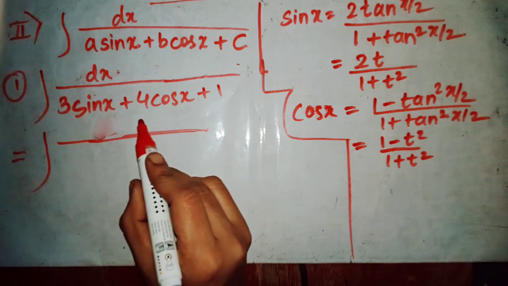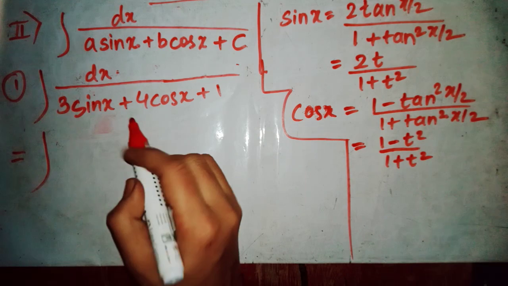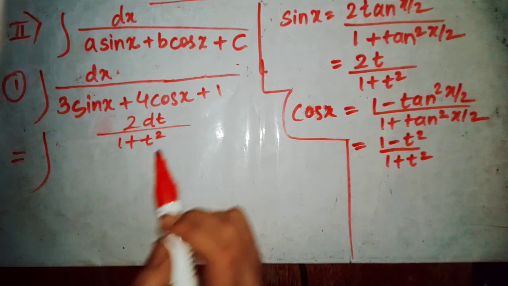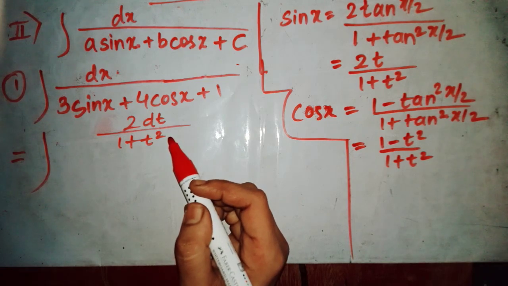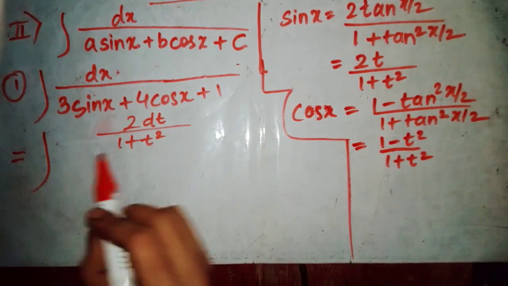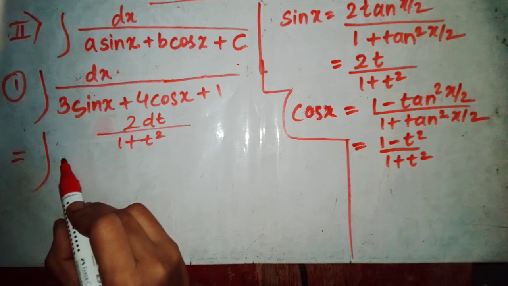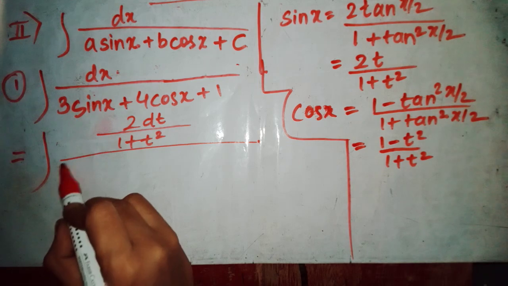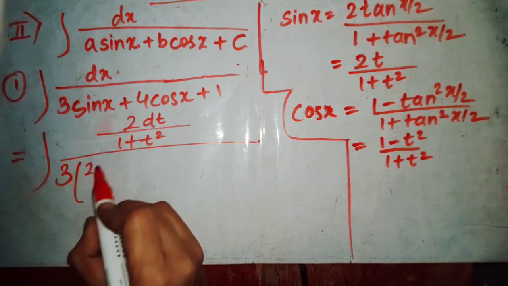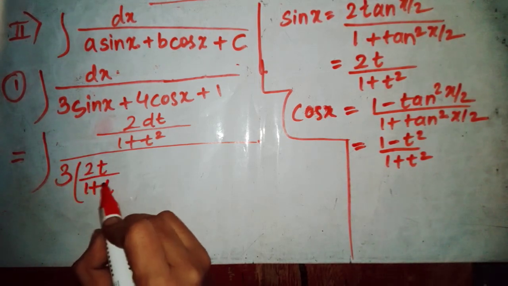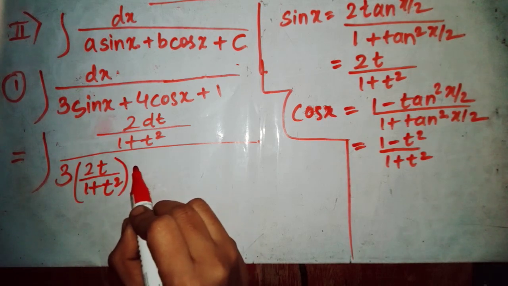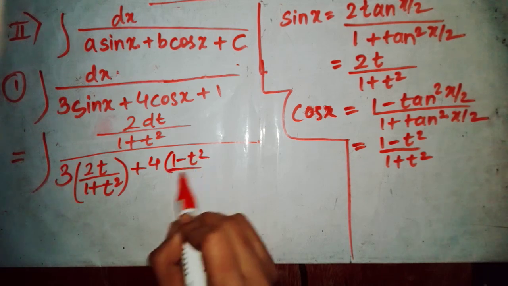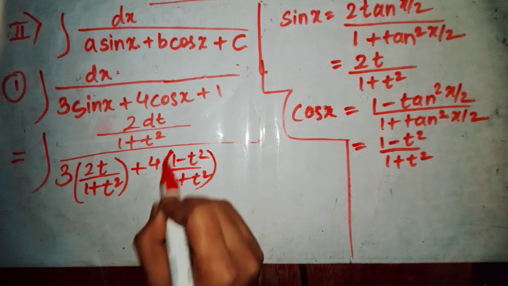That is the derivative of tan x by 2, and tan was t. Okay. So 3 sin x is 2t upon 1 plus t square. Cos x is 1 minus t square upon 1 plus t square.